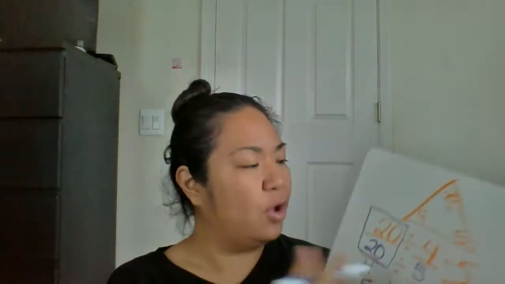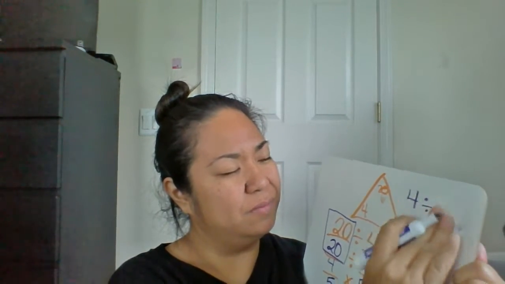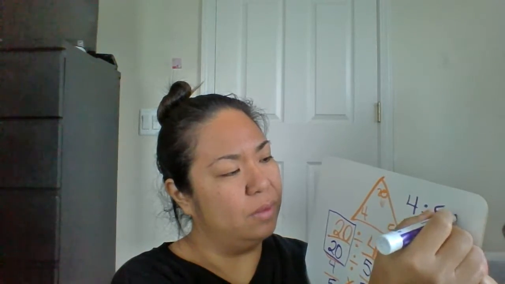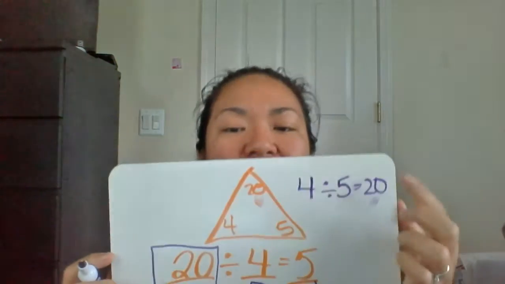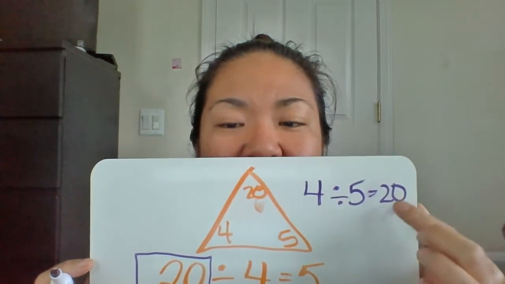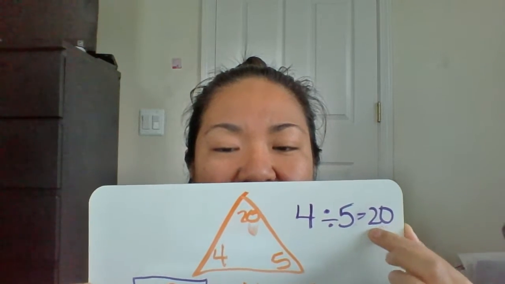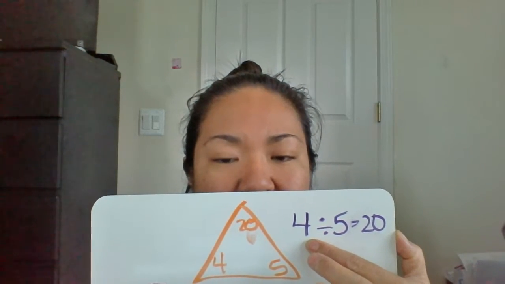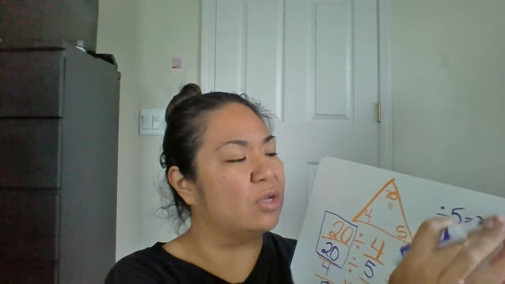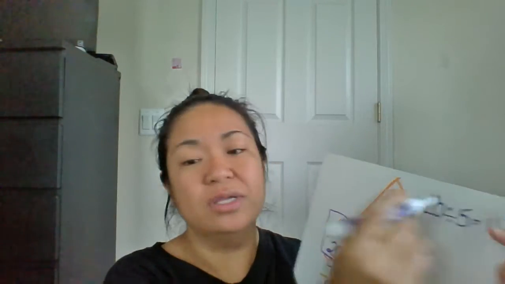So you'll know that this one up here is not correct because that large number went at the end, where when we divide, it should be the first number here. Okay, so we'd have to switch those in order for our division equation to be true.